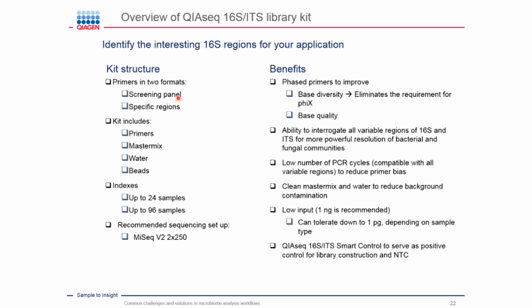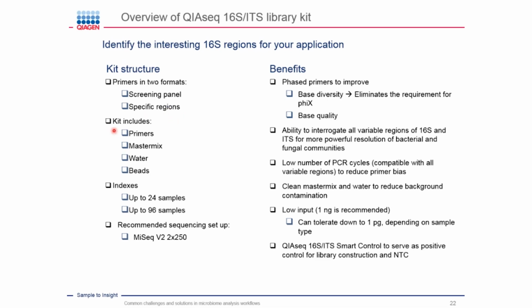You can either have a screening panel, which consists of 3 duplex PCRs for 16S covering the entire 16S region from V1 to V9, and also a multiplex for ITS. When you have done this, or when you, for example, know already which regions are interesting for you, you can order specific regions. So this means you would have only one duplex or one triplex PCR with 2 16S regions plus ITS.